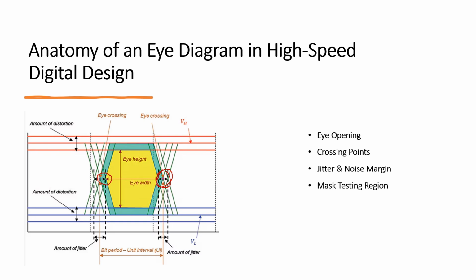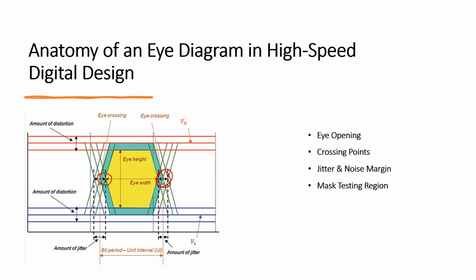The last and foremost part is the mask testing region. The mask testing region defines the industrial standard limits, and any signal crossing into this region indicates potential transmission errors. The signal loss occurs whenever a mask is violated. And when it comes to measurement in an eye diagram, there are different parts that we usually measure.